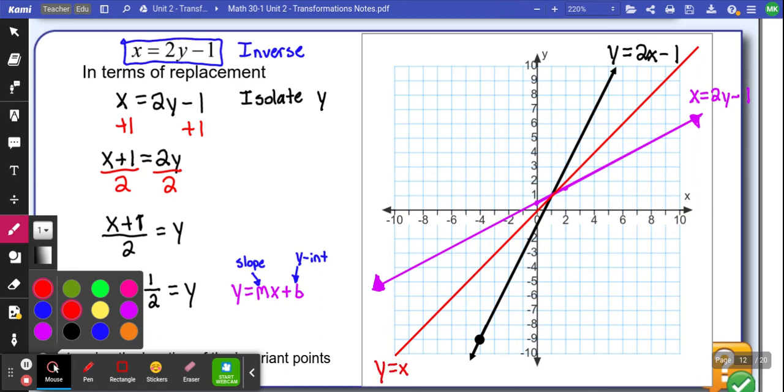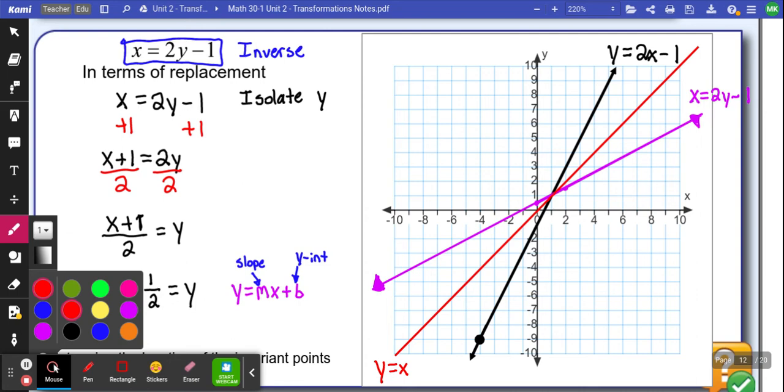What's visually happened is this black line has reflected to the other side of that diagonal line. You see that? If I took this and I folded it to the other side of this red line, it's here. So the inverse is actually a reflection.